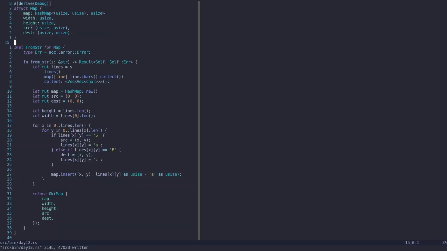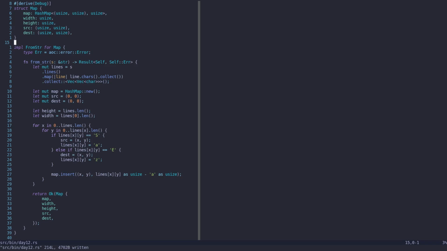Alright, so for the solution, I thought it might be easier if I use a hash map from the position on the map to its height. So to read the map, I went over each line and over each character and converted it into its height, and I did that by subtracting the lowercase a letter from the character.